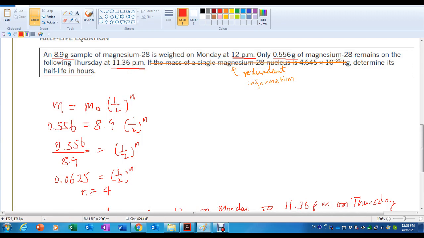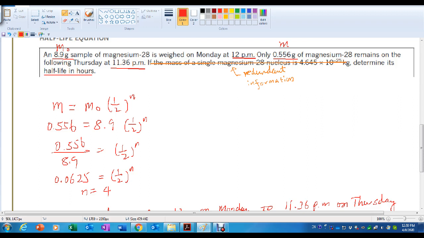So you see that we use the formula for mass again. 8.9 grams should be the initial mass, and 0.556 gram would be the mass after a certain time. And you are going to find the half-life. First of all, you use the formula to find how many half-lives.